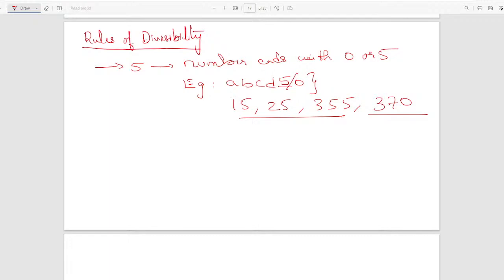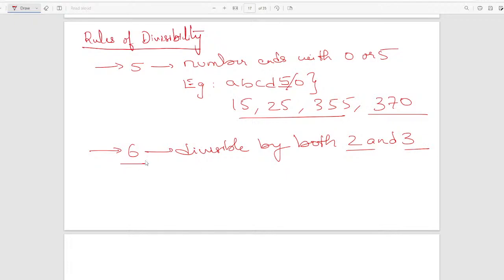What about the rule for 6? Any number is divisible by 6 if it is divisible by both 2 and 3. So we had seen earlier the rules for both 2 and 3.